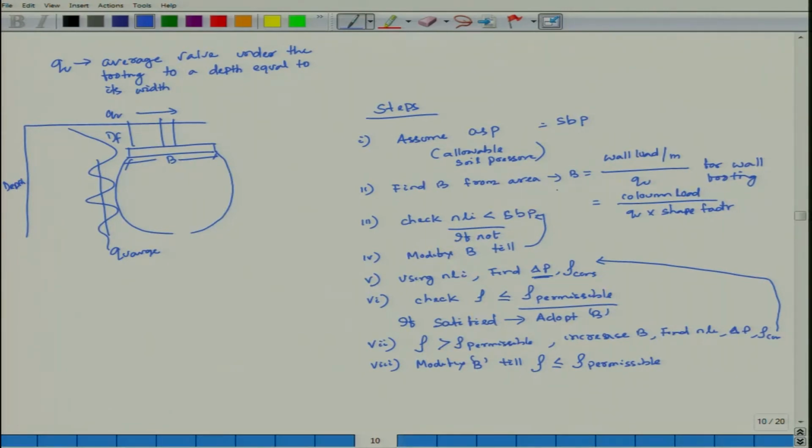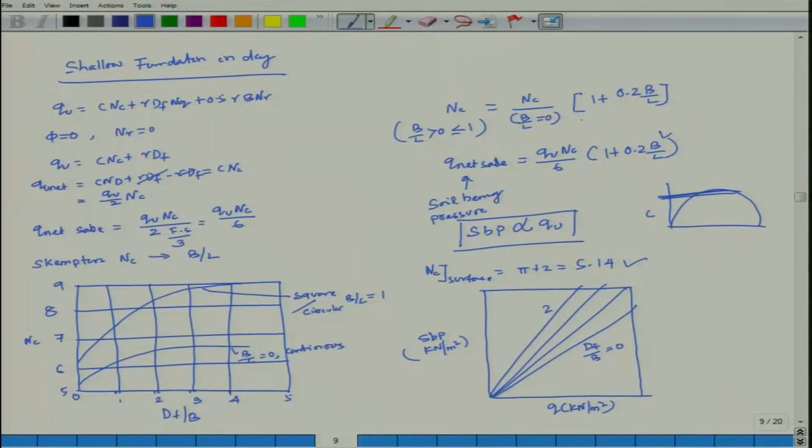Then find B from the area. B is equal to wall load per meter divided by QU for a wall footing. For columns, it is column load divided by QU into shape factor. Shape factor, depending upon circular, rectangular or whatever, is 1 plus 0.2 B by L.